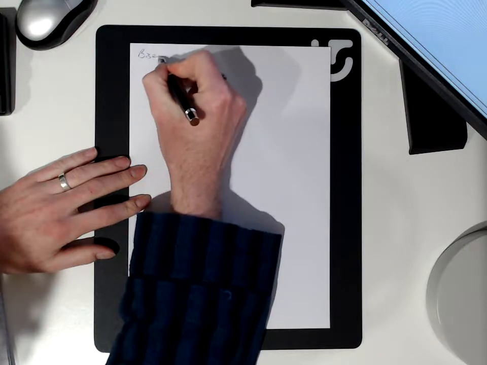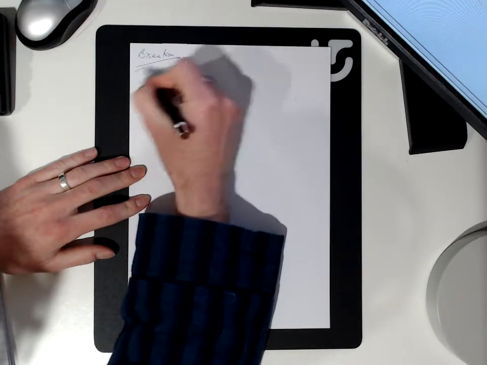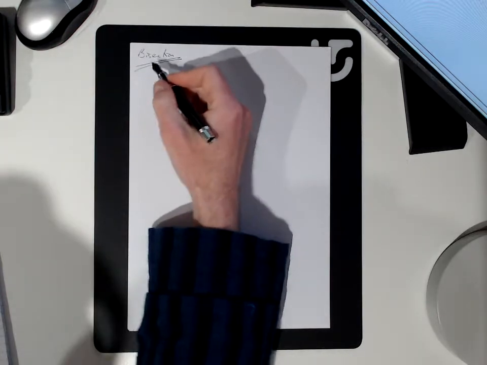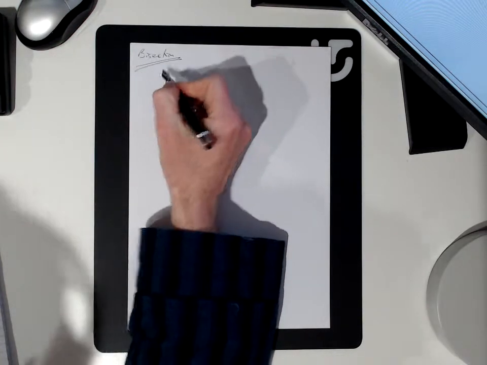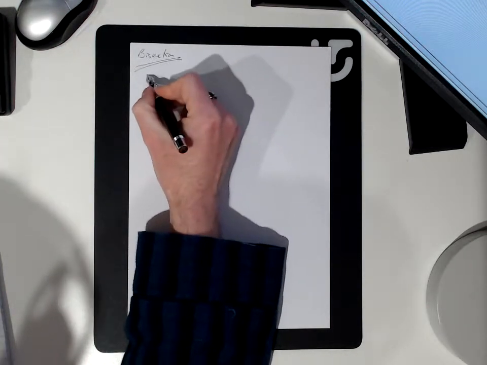Bisection method. Right, so this approach to finding roots is based upon the intermediate value theorem.